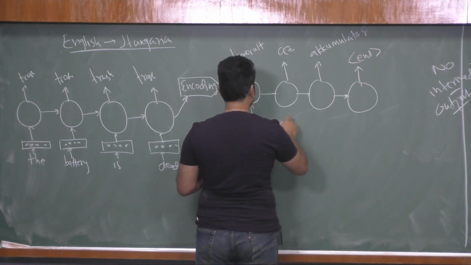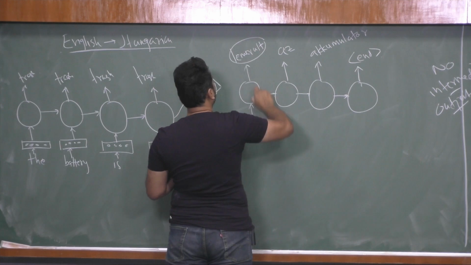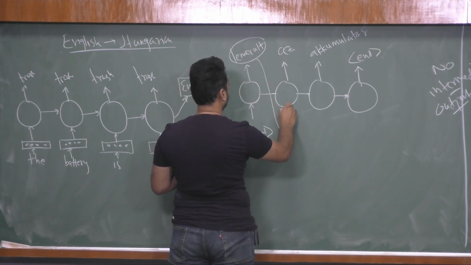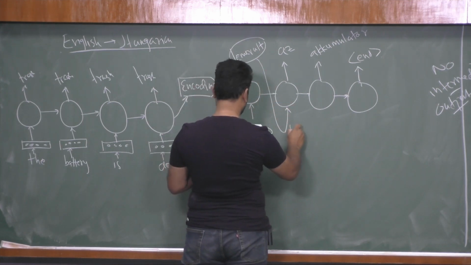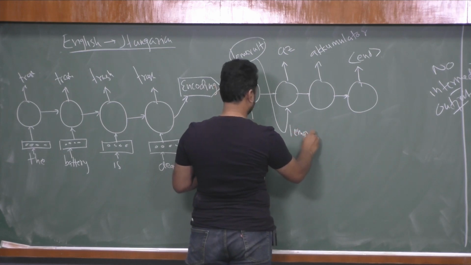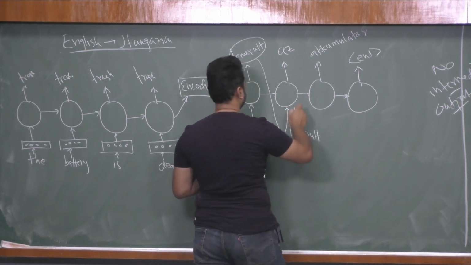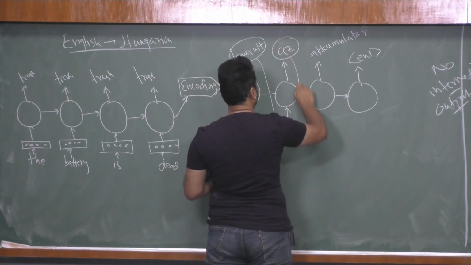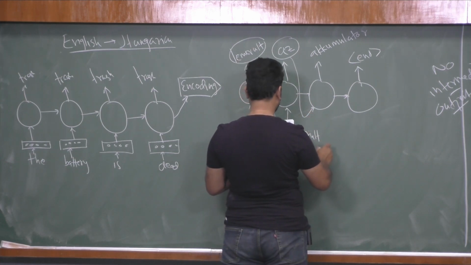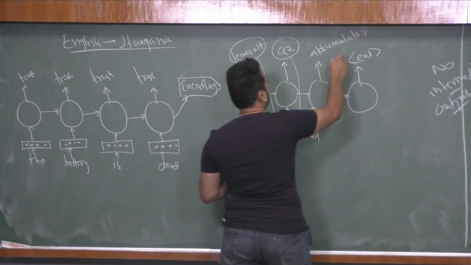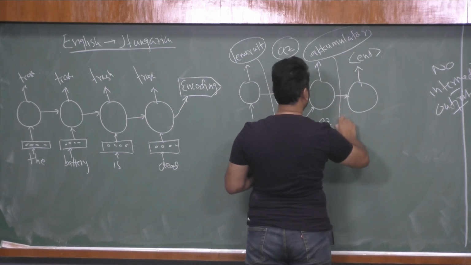And here, as I said, the first output will be fed as an input. So this is our input, and then the second output is now fed here. In this case it's AZ, and then the third output will go in here.